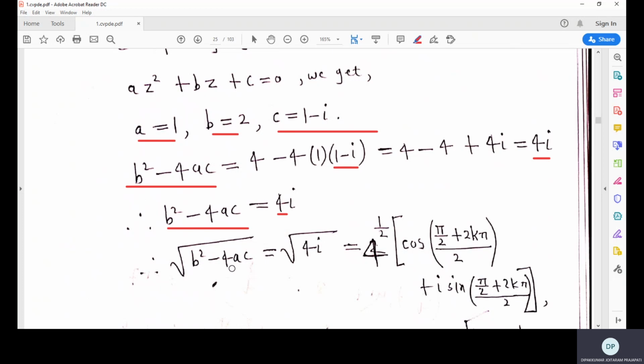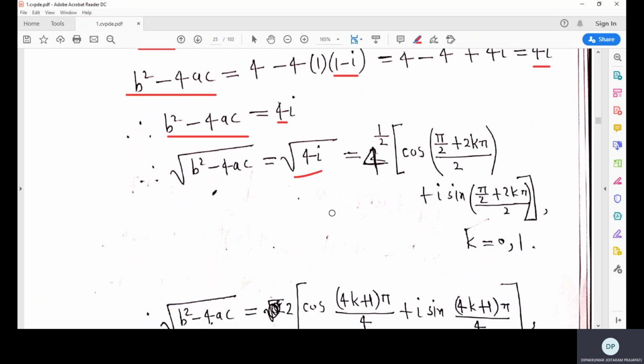So we have to find out the square root of b square minus 4ac, and you know how to find roots of complex numbers. I have to first decide what is the modulus of 4i and the argument of 4i. 4i is on the positive y-axis, so the modulus is 4 and the argument will be pi by 2.